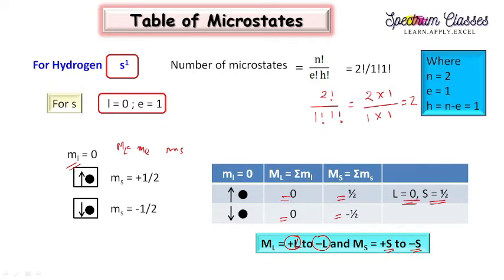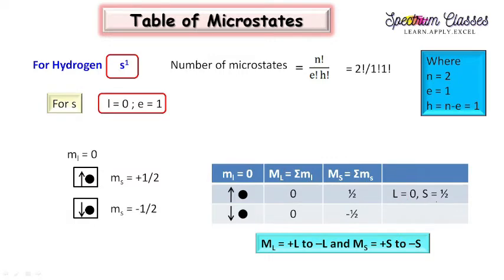These two all together give the maximum value of S, which is 1 by 2. So here L is 0 and S is 1 by 2. From this ML and MS, we get the information about our total orbital angular momentum and total spin angular momentum. And now we are going to write the term symbol from this L and S.